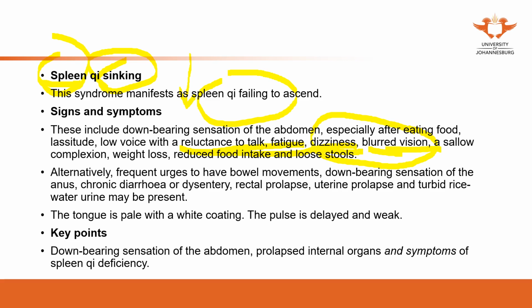In the meantime, when we don't have enough qi, we also don't have enough blood, because these two always happen together. So that's why the patient can present with qi deficiency syndrome and blood deficiency symptoms. That's from the spleen qi.